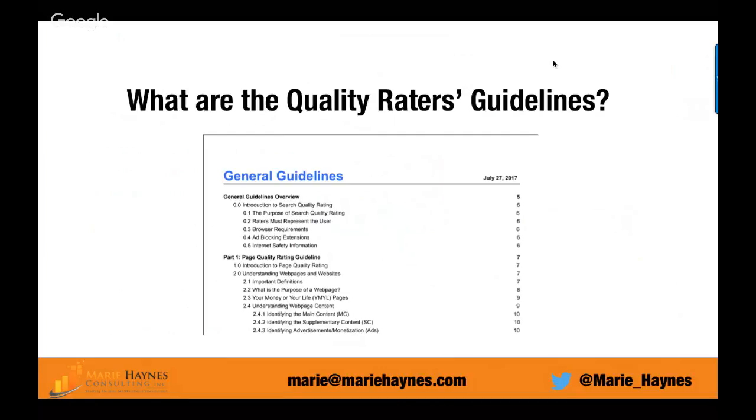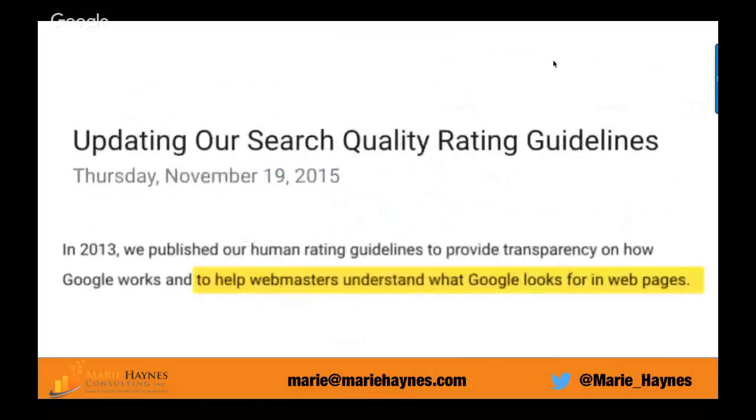And we also believe that Google uses this human information as a seed for machine learning. And so there might be something where, if a bunch of people say that this particular page is low quality, then a machine learning algorithm can take that information and apply it to every website across the web. And so there's some really good information in here that, again, we should all be paying attention to.